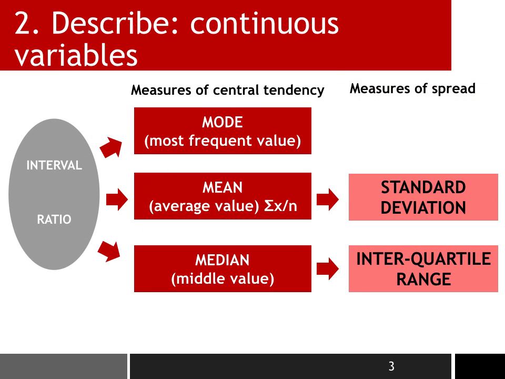Regarding continuous variables, we are going to explain the measures of central tendency and measures of spread or dispersion, which provide additional info about the measures of central tendency. The mode, for example, is the most repeated value in the dataset, which in fact might be more than one.